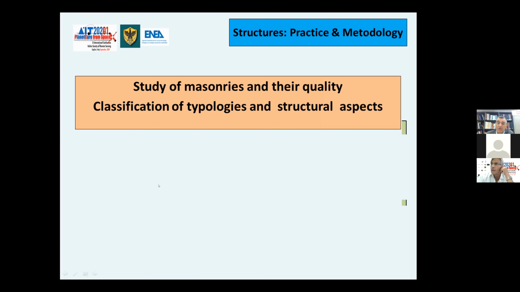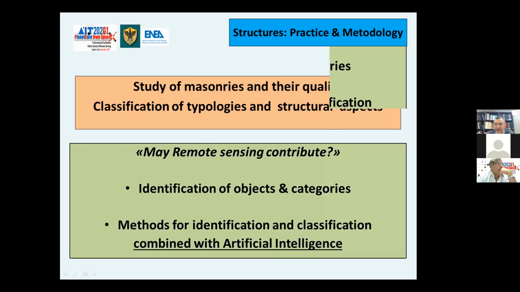The study of masonry and its quality is very important in terms of classification and typology of the structures. So it's very interesting to identify objects and categories, and understand how these methods for identification and classification could be combined with artificial intelligence.